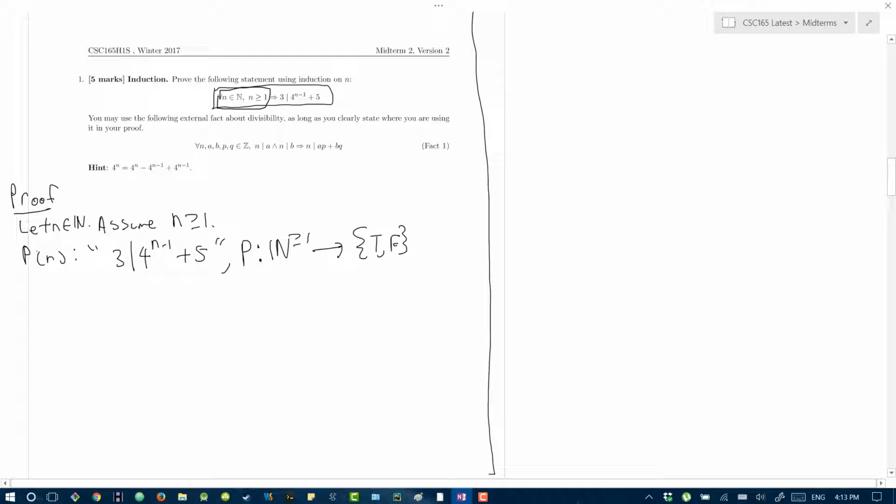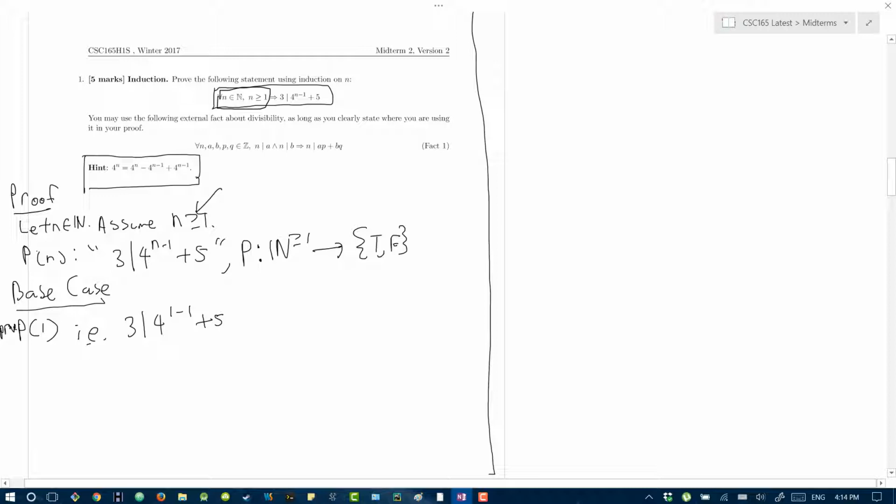Cool. Alright then, so let's do the base case. And then, there's a hint here, but we'll look at that later. Usually it's not in the base case. So it's P(1). What we want to prove is that 3 divides 4^(1-1) + 5.